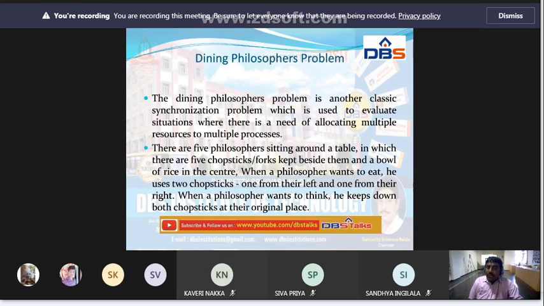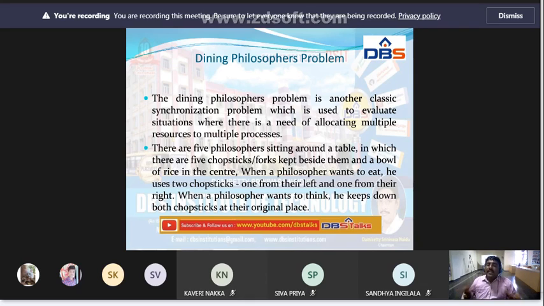When a philosopher wants to think, he keeps down both chopsticks in their original place. Here, the work of the philosopher is eating and thinking only. Whenever the philosopher is eating, he will use the 2 chopsticks, one from left, one from right. One more work of the philosopher is thinking.